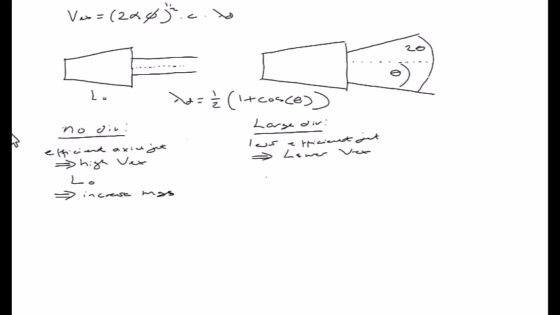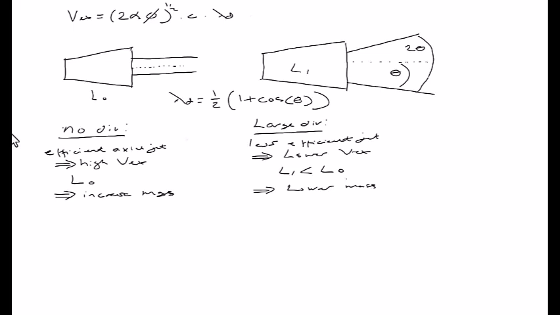But the good news is, if we call this length here L1, it requires a shorter nozzle. Therefore L1 is less than L0. And this implies lower mass.